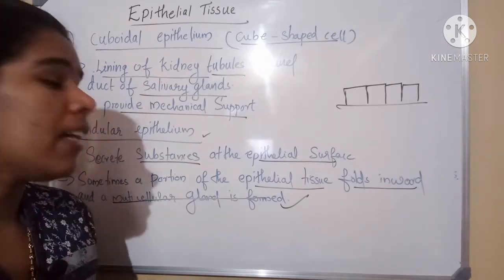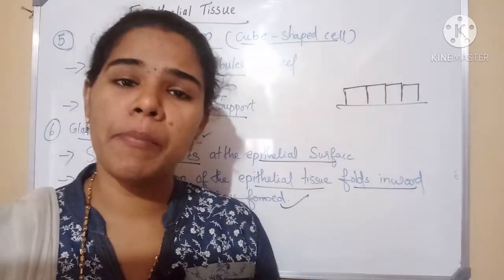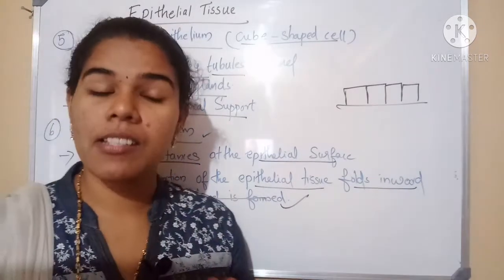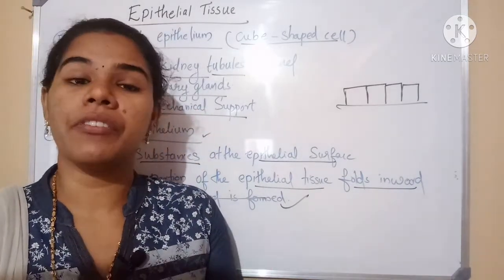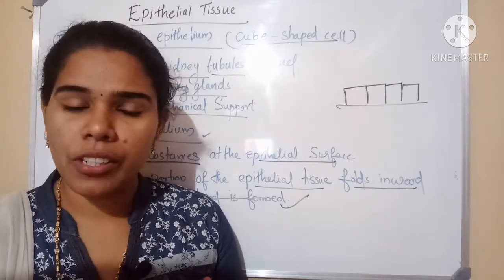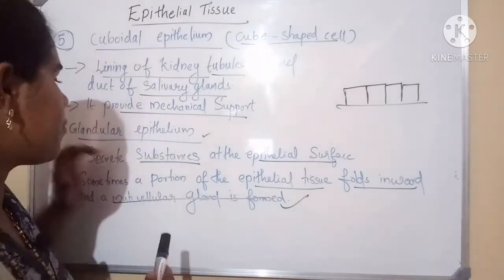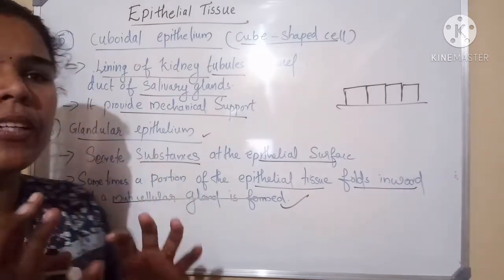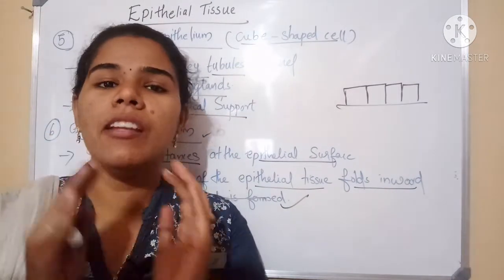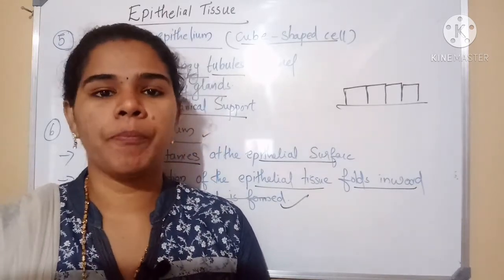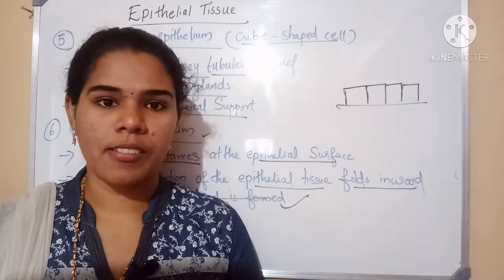Glandular epithelium is mainly present at the surface of the epithelium. We know sweat glands, sebaceous glands, and so many different glands are there, and secretion occurs because of the presence of this glandular epithelium. Glandular means, remember, it is mainly for secretion of different substances.